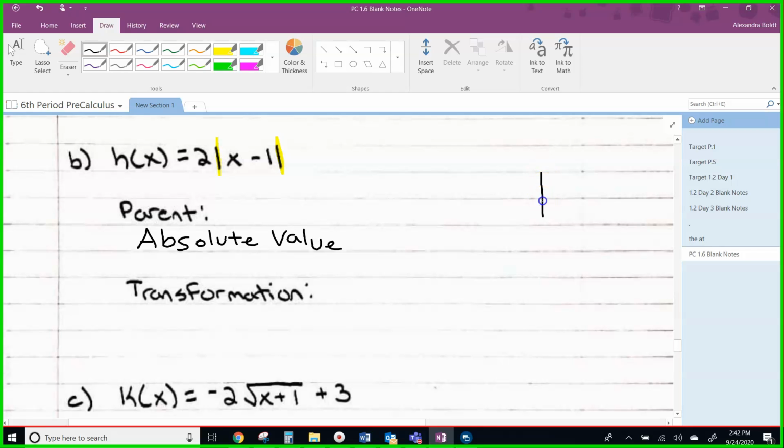So I'm going to start by just graphing that really quick. And remember, absolute value looks like this, a V.